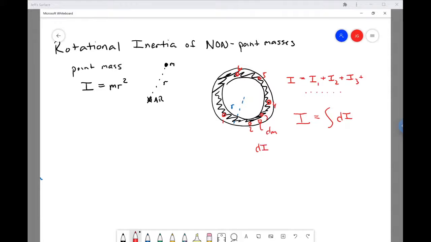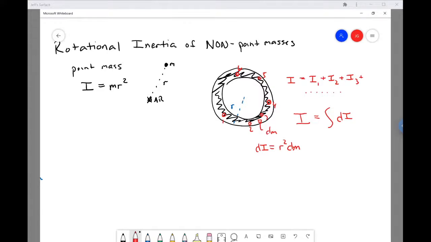And each of these tiny bits can be approximated as a point mass. So if the rotational inertia of a point mass is mr squared, the rotational inertia of one of these infinitesimally small chunks of this larger object is dm r squared, or r squared dm, put the dm last, where dm is this tiny piece of mass.